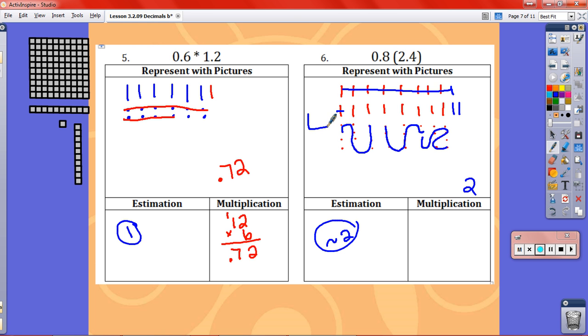That's a whole. And 1, 2, 3, 4, 5, 6, 7, 8, 9. So 1 whole and 92 hundredths, which is close to 2. 2.4 times 8 tenths. That's 32. That's 1619. It can't be 192, way too big. 19.2, too big. It's gotta be 1.92.